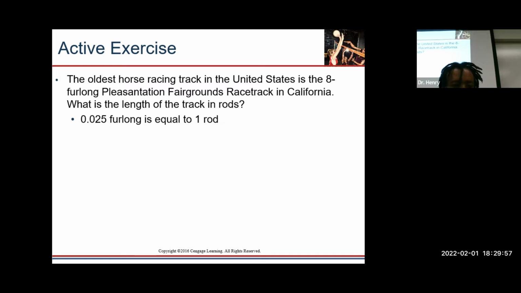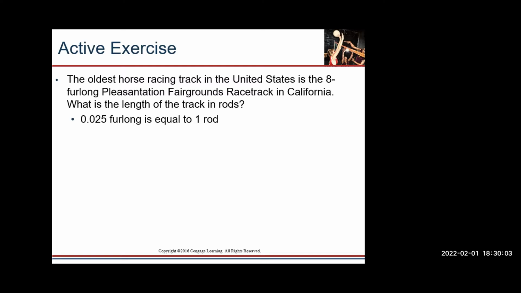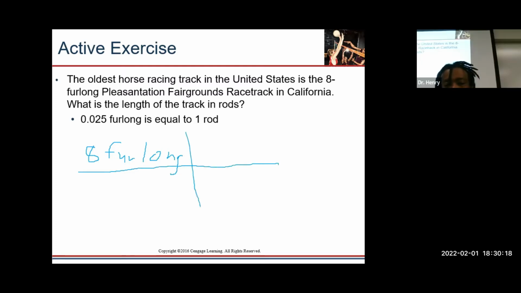Okay, so we have 8 furlong. So what is my equivalency?